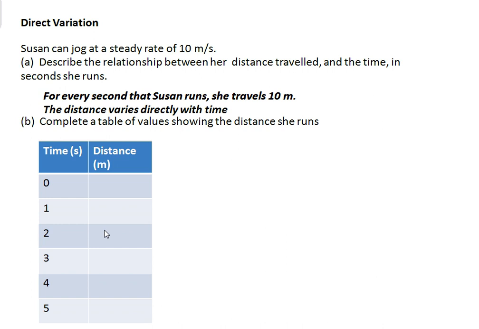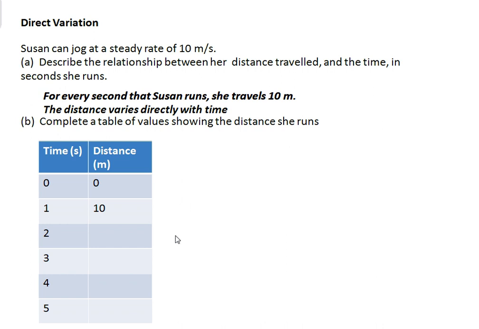So let's look at the first value. If Susan jogs for 0 seconds, she's obviously going to travel 0 meters. No time means no distance. In the first second that Susan runs, she will have covered 10 meters because she's running at 10 meters per second.